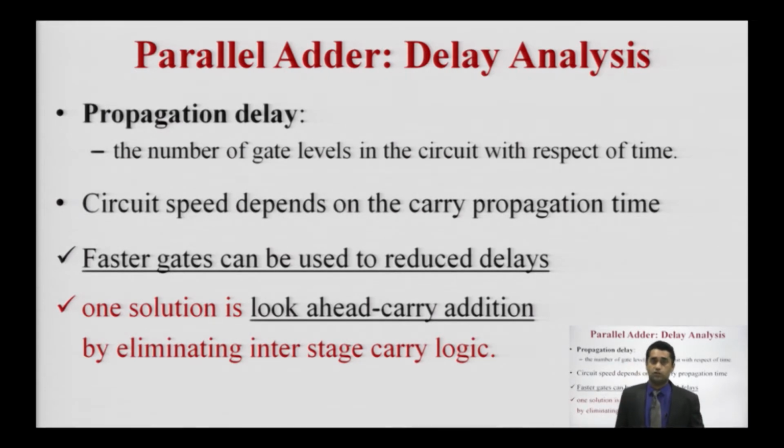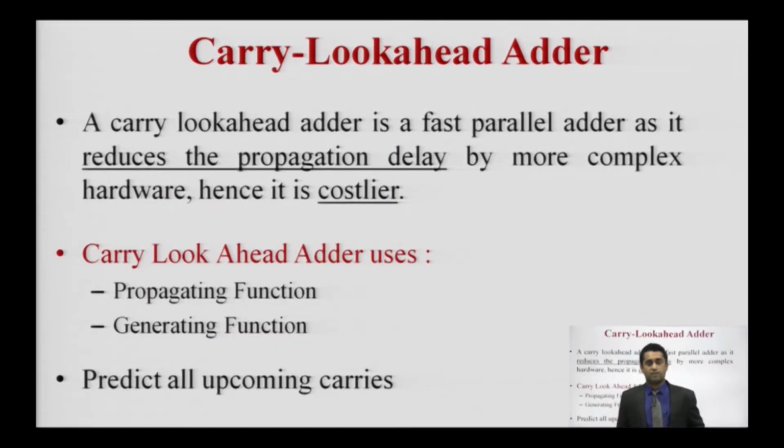The circuit is known as the carry look ahead adder. We will discuss this circuit first. This circuit basically works as a fast parallel adder which can take multiple inputs and give the result instantaneously.